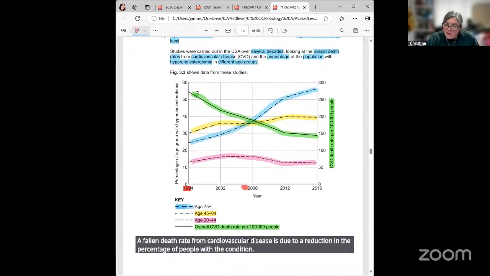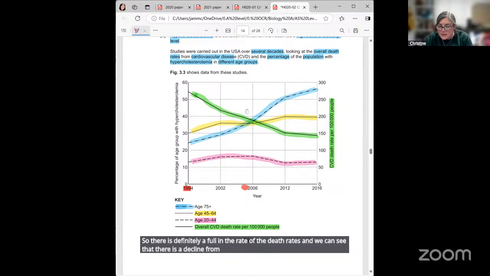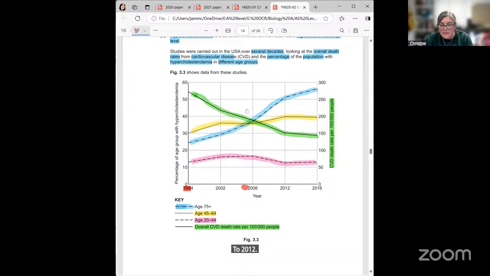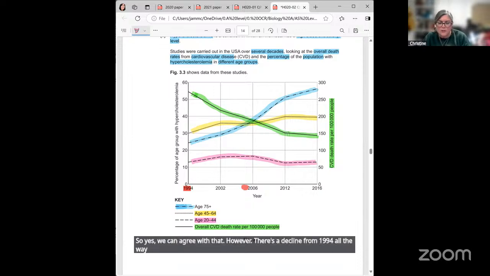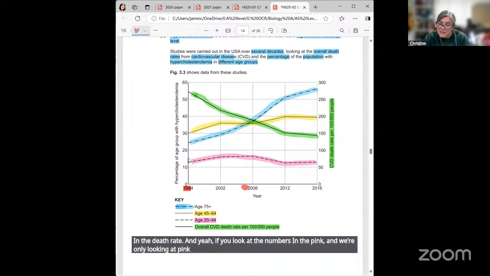There is definitely a fall in the death rates, and we can see that there is a decline from 2006 to 2012. There is a decline in the pink. So yes, we can agree with that. However, there's a decline from 1994 all the way along to 2012 in the death rate. And yet, if you look at the numbers in the pink, and we're only looking at pink, from the 1994 period up to 2006, there's actually a rise.